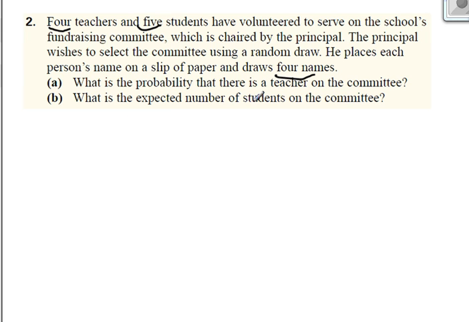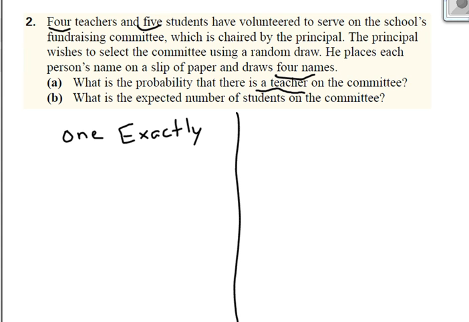So the probability that there is a teacher on the committee, well, that's a little vague. I'm not sure if they mean exactly one teacher, or do they mean at least one? I don't know.